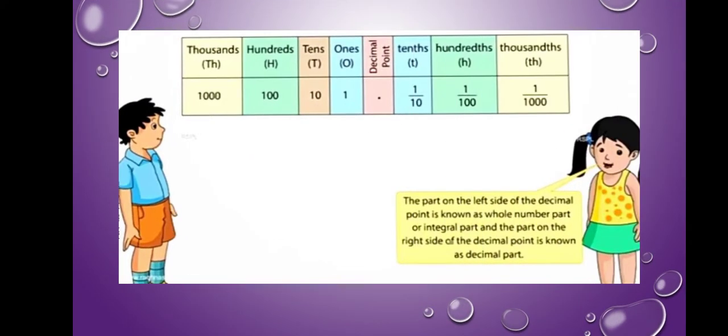The part on the left side of the decimal point, this is the decimal point at the center here, is known as the whole number part or the integral part, and the part on the right side of the decimal is known as the decimal part.